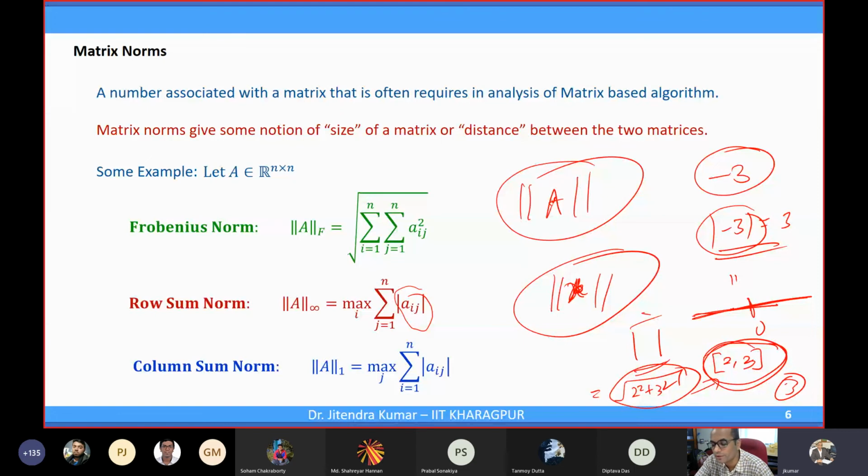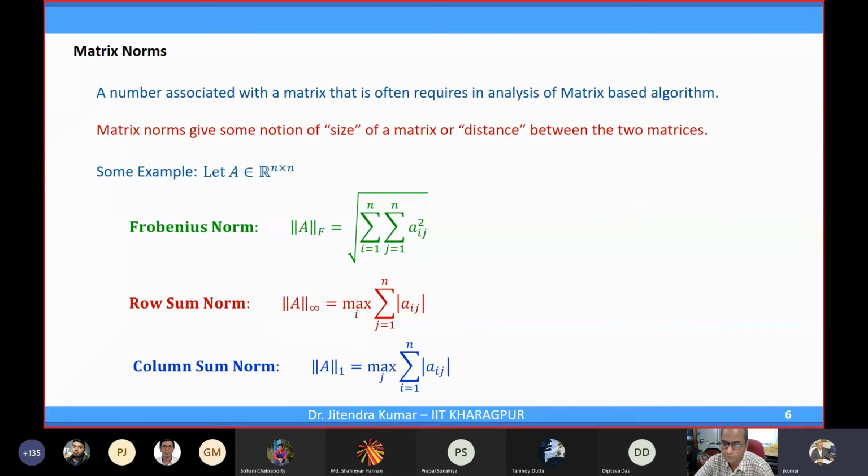So 3 is also a number associated with this vector which gives some information about it. That idea got generalized for matrices also, because we need to know the size of a matrix somehow. These are just indicators. There is no unique definition, but a very general definition exists for norms, and these three fall into that category.